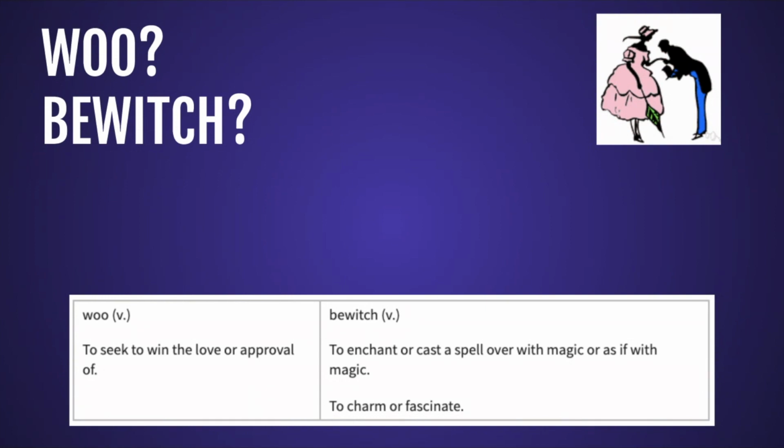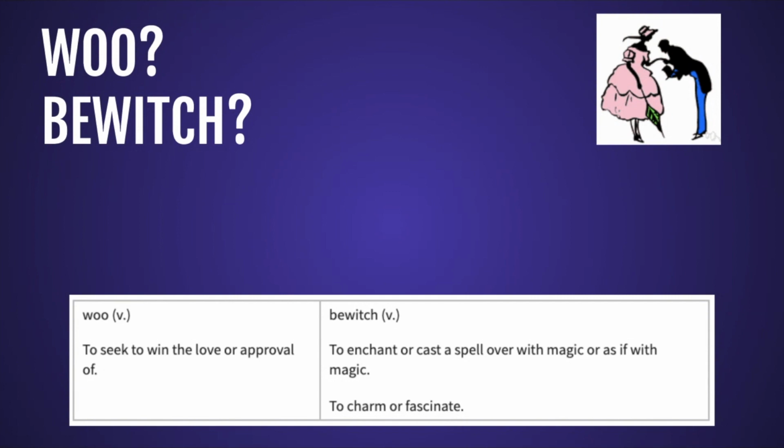You can also think of a romantic movie, how the main character tries really hard to get the approval of the main female character in the movie. They're very romantic. They try really hard. That's an example of woo. To use it in a sentence: they wooed me off my feet. I'm wooing that person.